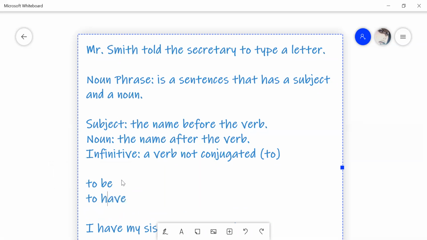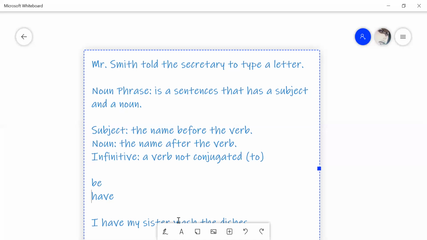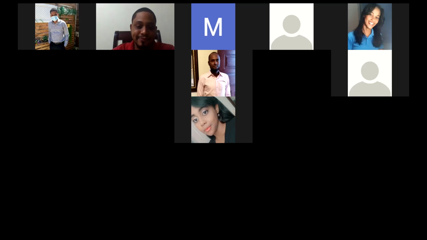So some of the verbs only accept the base form, not the preposition or the particle to. You see, have only accepts the base form, but the others accept the regular way that we know it, with the particle to, not alone.